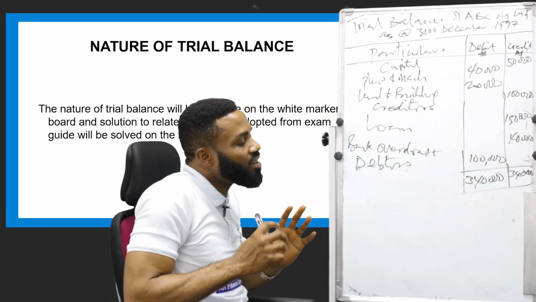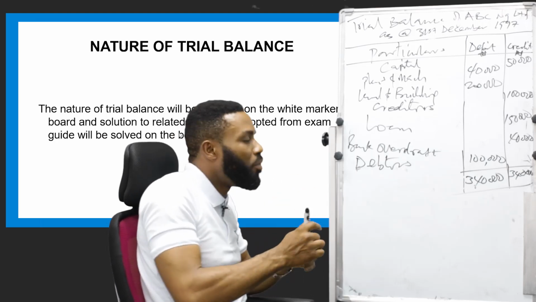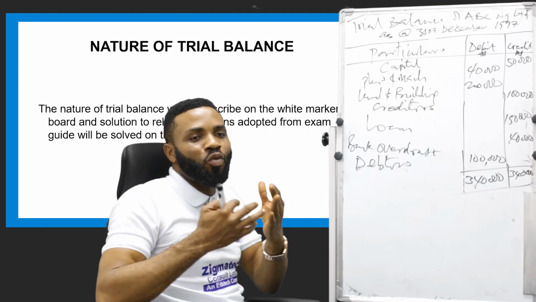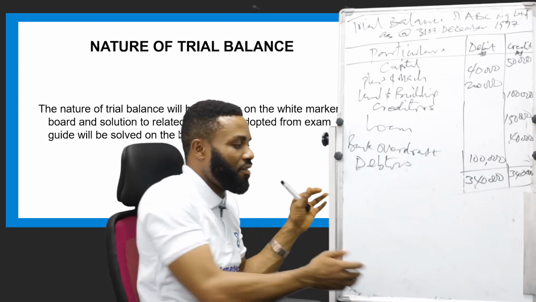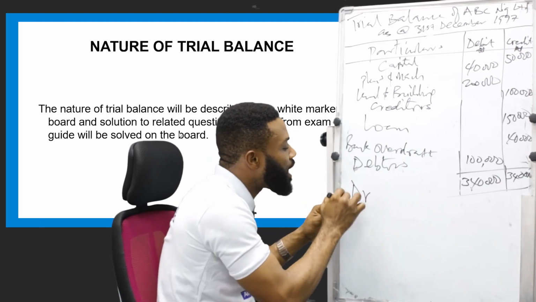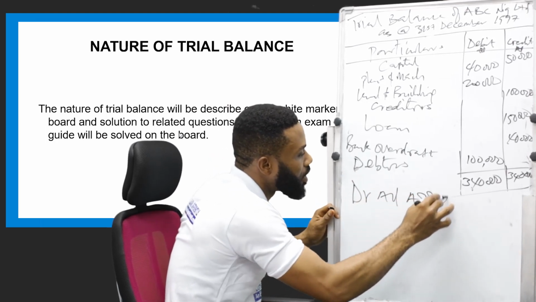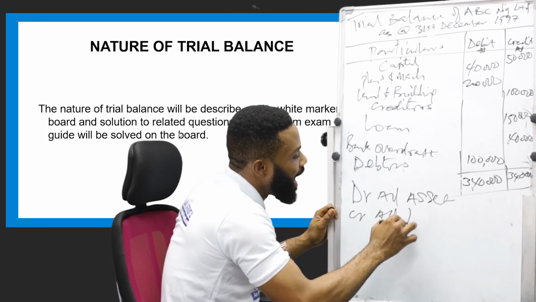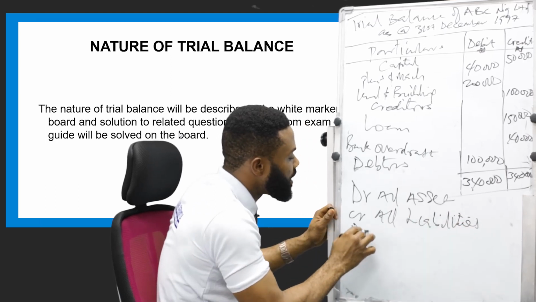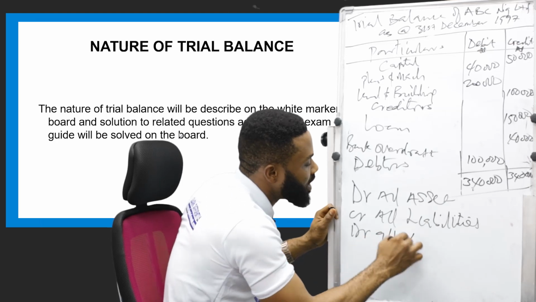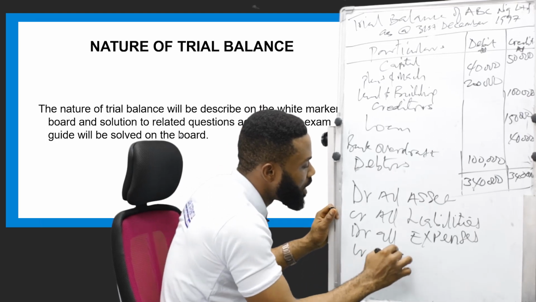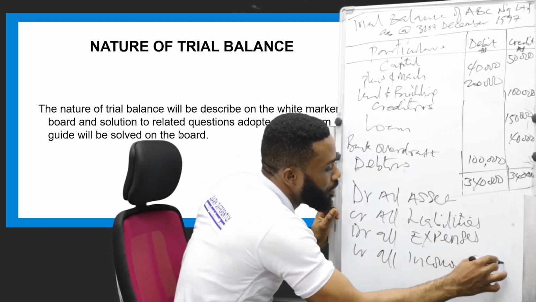But the fundamental thing that students should take home is the rules. A lot of time you see students complaining, I don't know what to debit and what to credit. You don't need to stress yourself. This is the solution. The solution is get these rules at your fingertip. Debit all assets, credit all liabilities, debit all expenses, and then credit all income or gain.